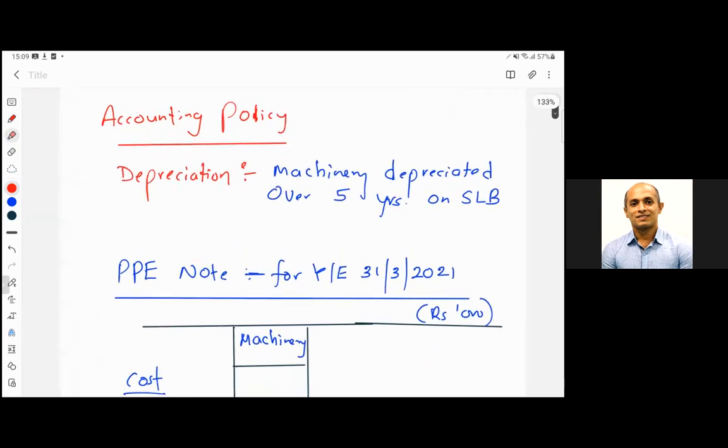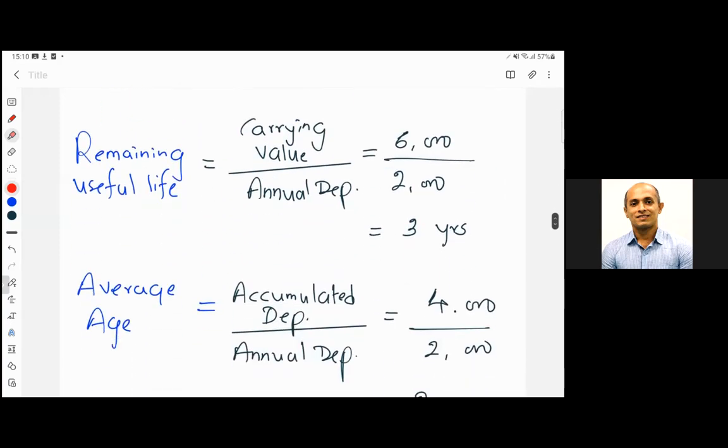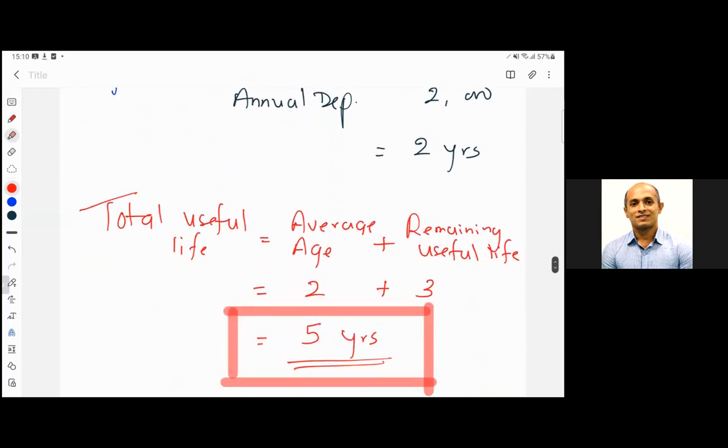The depreciation policy is that machinery is depreciated over 5 years.